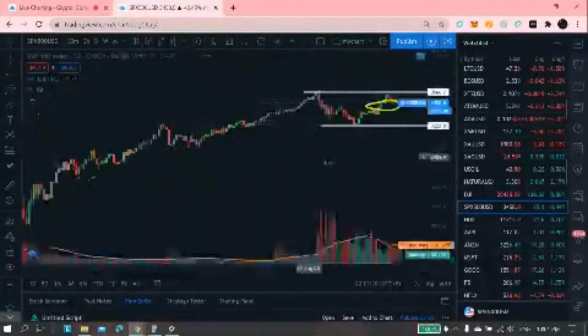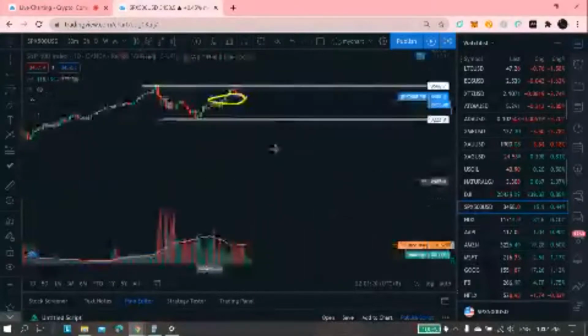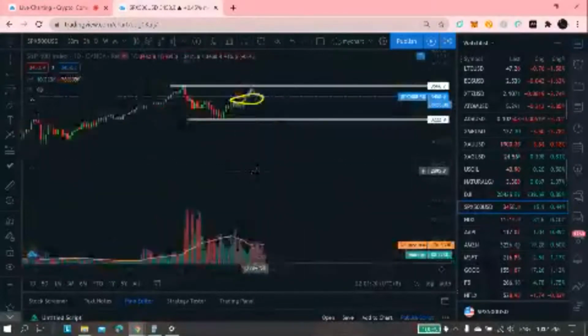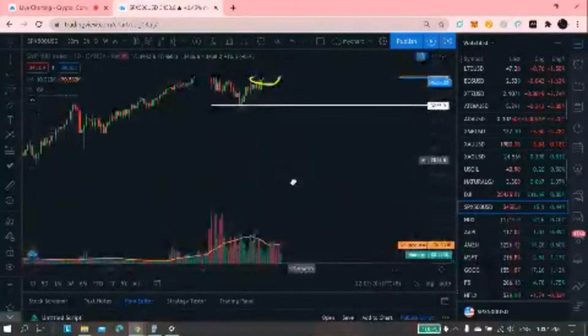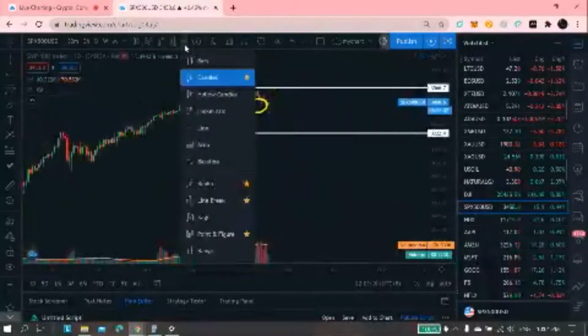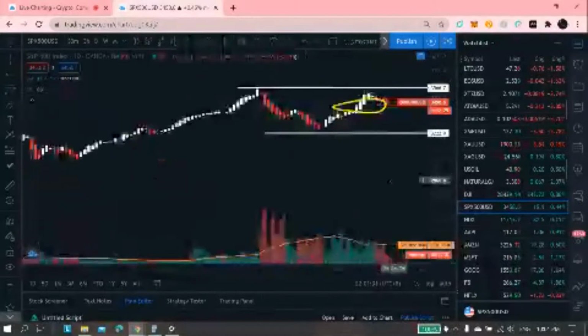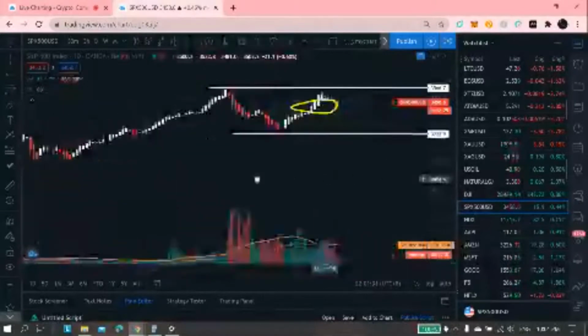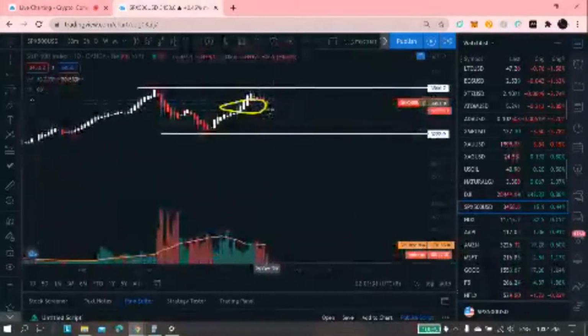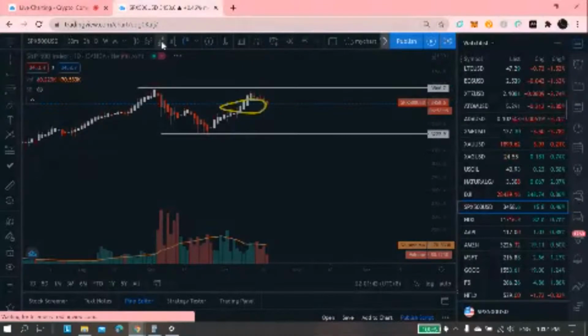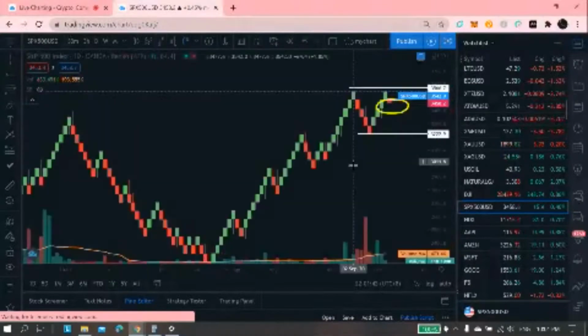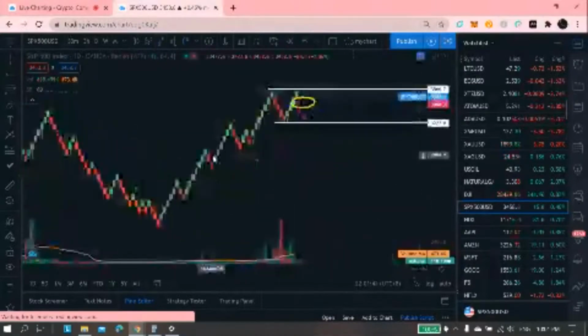Or you can actually also use the candlestick chart, or even the Heikin Ashi, to see the overall trend. But for Heikin Ashi, it's already a bearish candle. So it depends on the candle you are using.